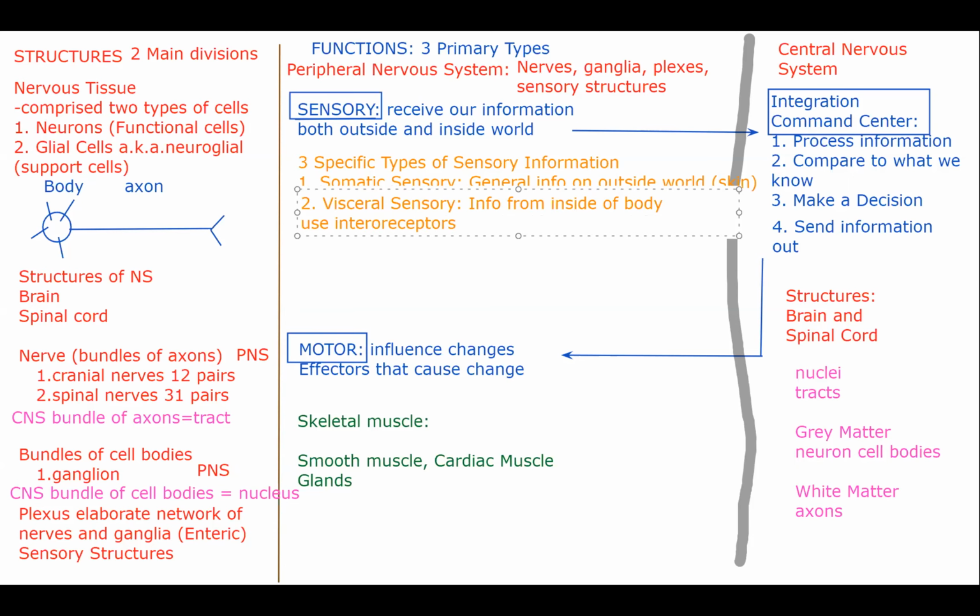And these enteroreceptors tell us the information about what is going on inside of our body. And this is our visceral sensory, or what is also sometimes referred to as autonomic sensory.